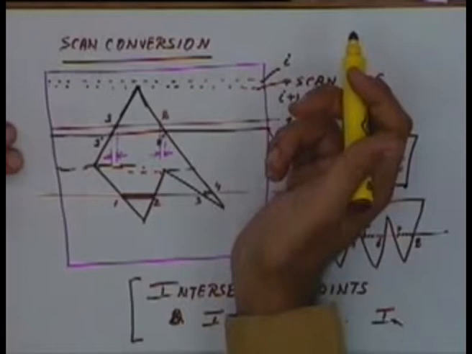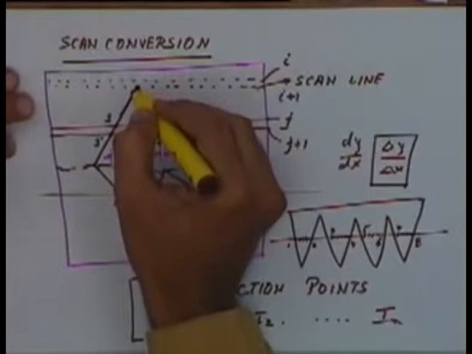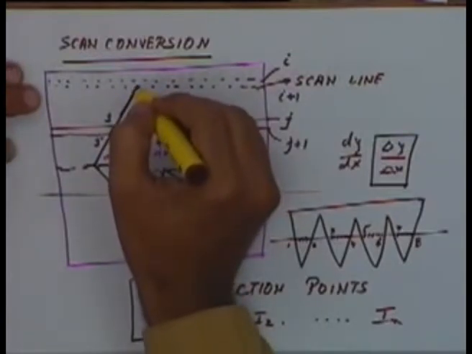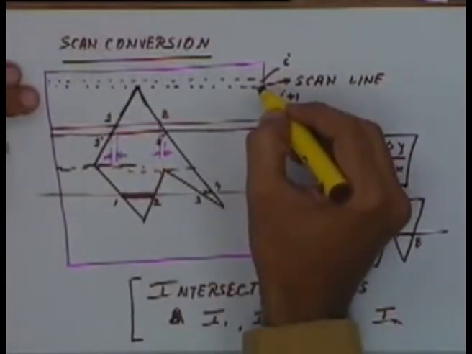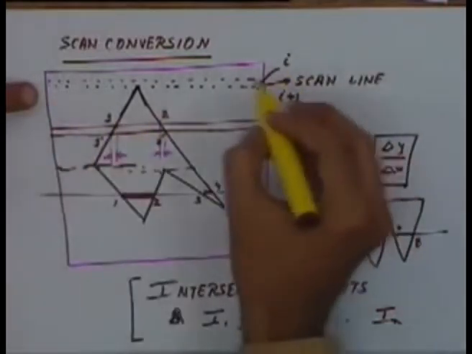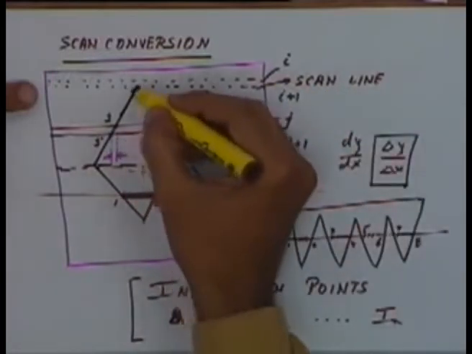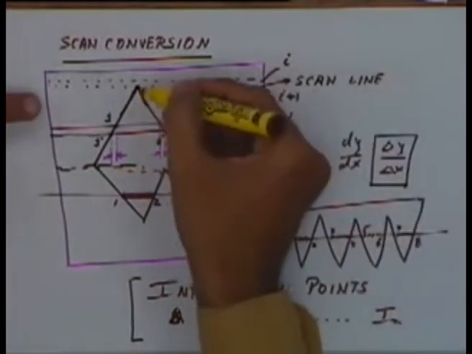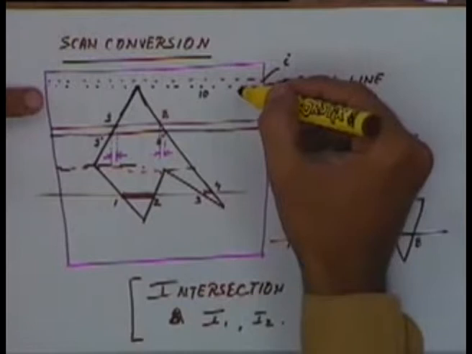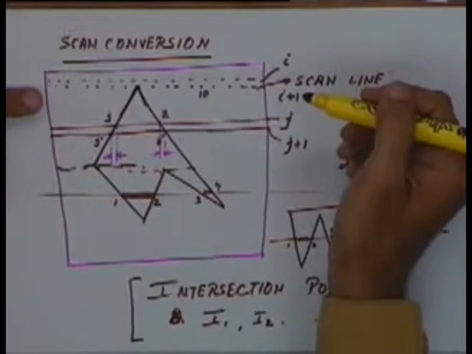So what we will do is keep track of the scan lines on which the vertices are occurring. If I know that on scan line number, let us say 10, a particular vertex is starting, then the moment I come from scan line 9 to 10, I will take up all the edges which are starting at scan line number 10, and I will start taking care of them.